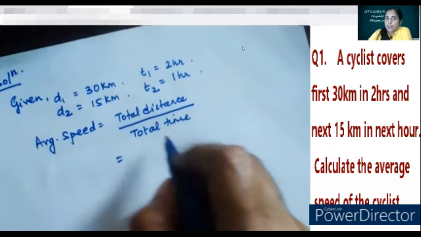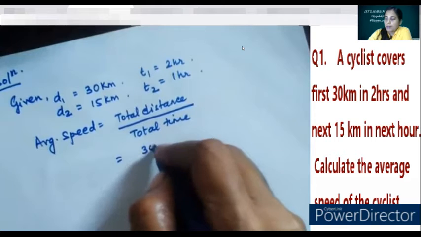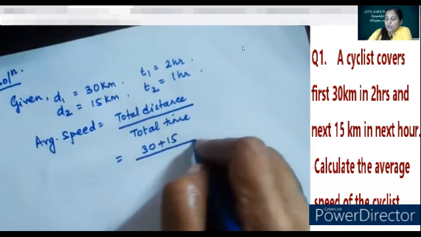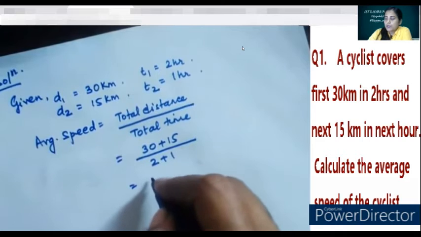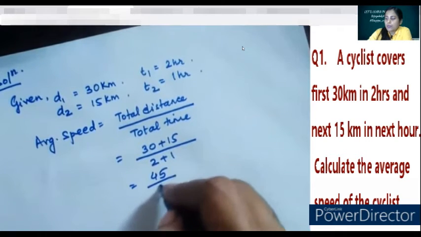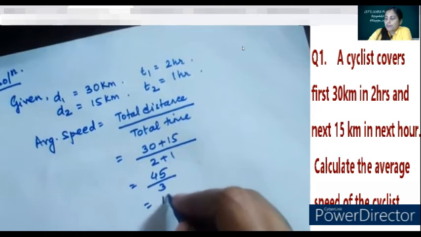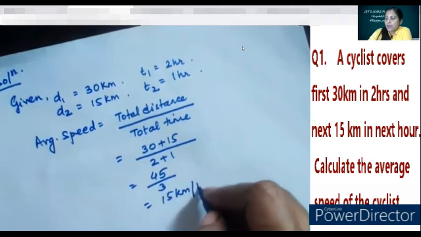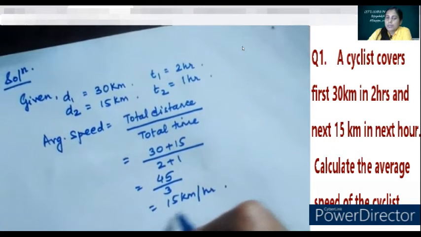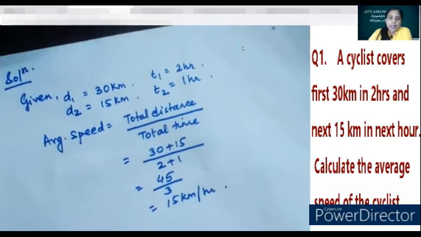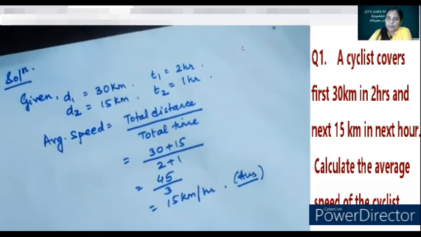Total distance will be D1 plus D2, that is 30 plus 15, by total time, which will be 2 plus 1. So 30 plus 15 is 45 by 3. So we get 15 kilometer per hour. This is the average speed covered by the cyclist. So this is our answer.